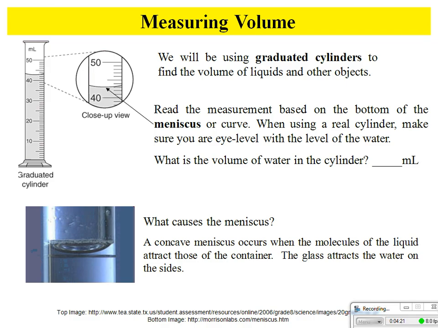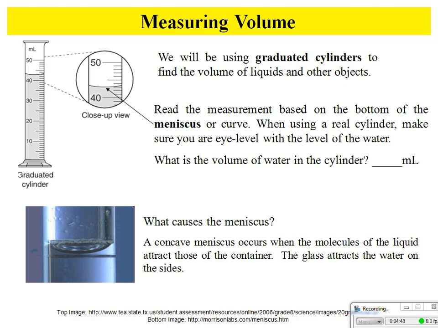So when you are reading the meniscus, you always want to make sure that it is at eye level with you. Now, eye level with you does not mean that you pick it up off of the lab station and you hold it up in front of your eyes. No, no, no, no, no. You need to keep the graduated cylinder on the counter and you need to bend over to make sure that you are at eye level.